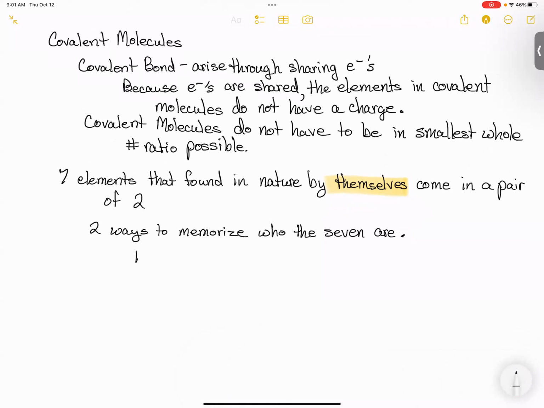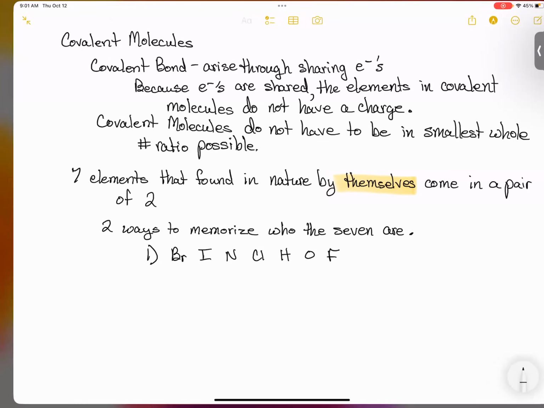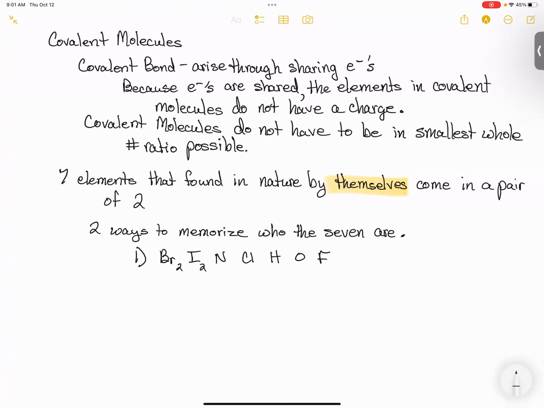Method number 1 is to memorize Brinkelhoff. These elements, when found in nature by themselves, always come in a pair of 2.